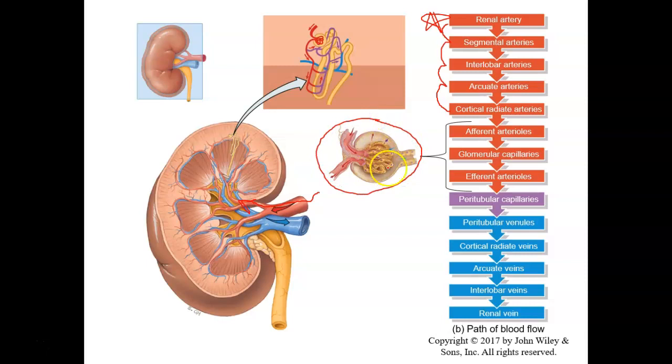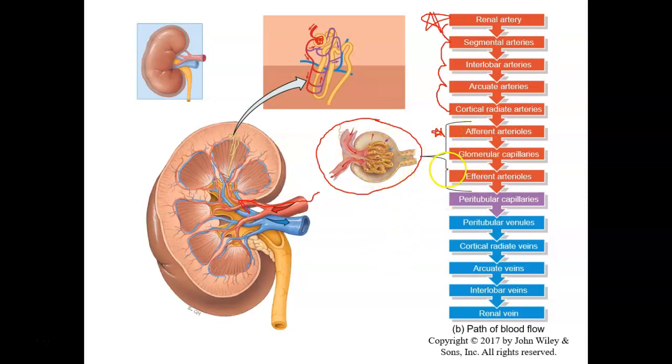Remember, this is the glomerular, this here is the renal corpuscle. The afferent arteriole brings blood into this specific structure inside of the corpuscle called the glomerulus. That's right here. So this is the level of blood vessels associated with the renal corpuscle.